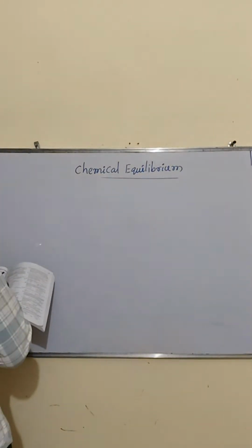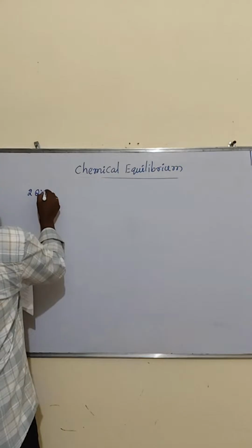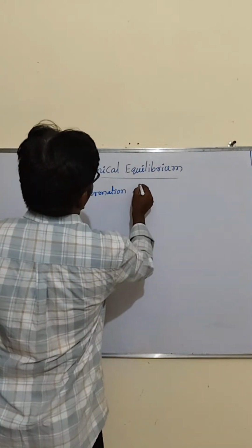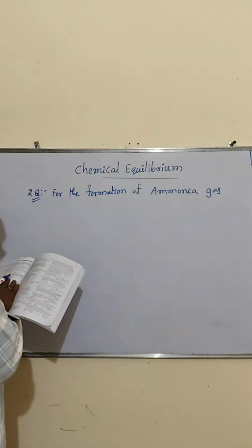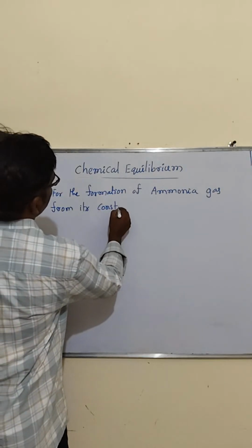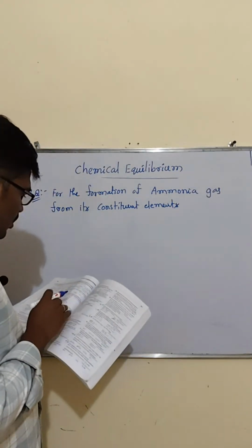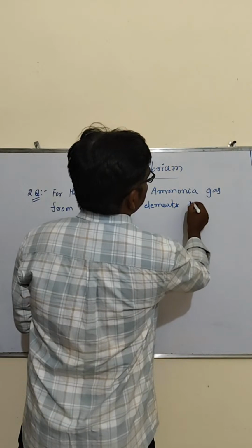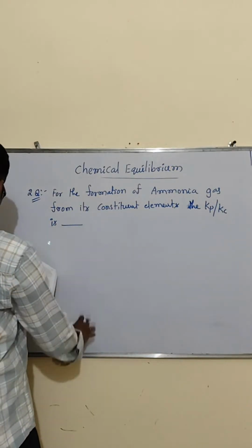For the formation of ammonia gas from its constituent elements, the Kp divided by Kc is, this is the question actually.